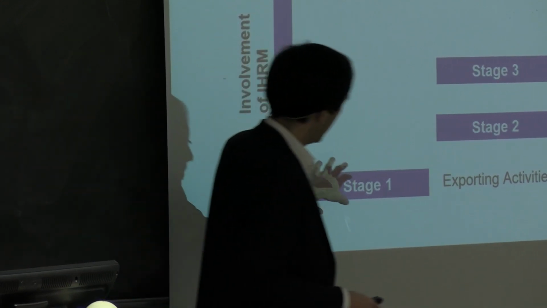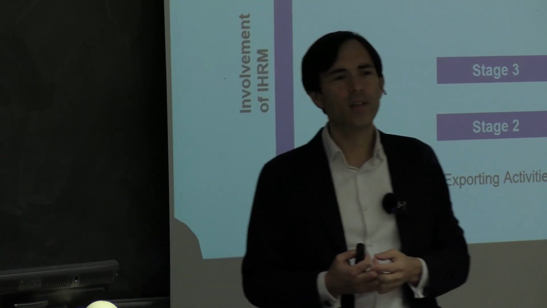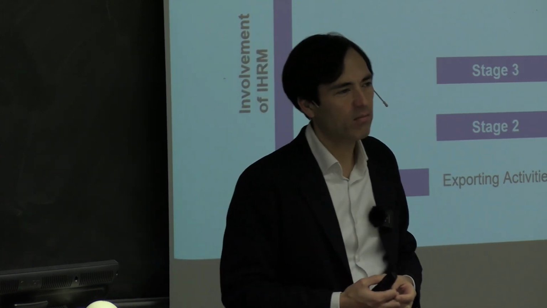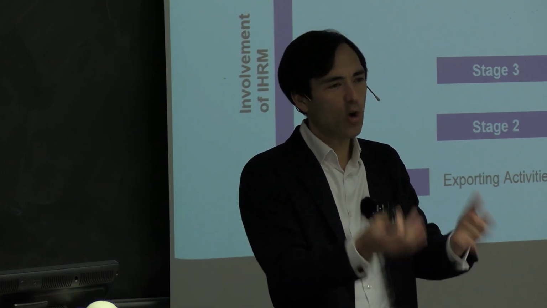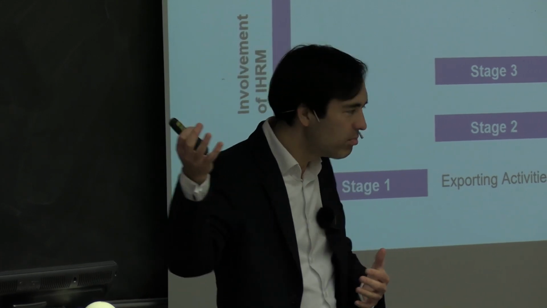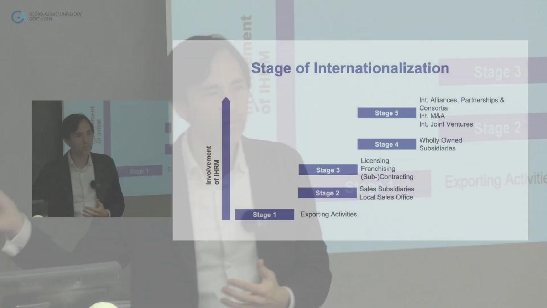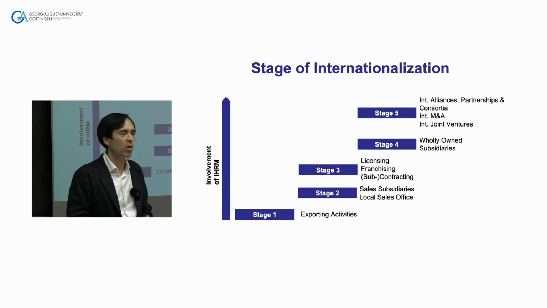In terms of stage one, it's a mostly domestic company, does a bit of exporting. In terms of global staffing, you don't need to make many adjustments because you do your business in your home market and you may occasionally export. And maybe you need to hire an export manager. You can also outsource it, so there's very limited implication for global staffing.